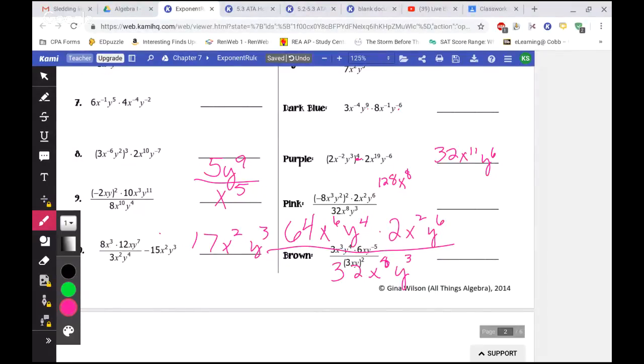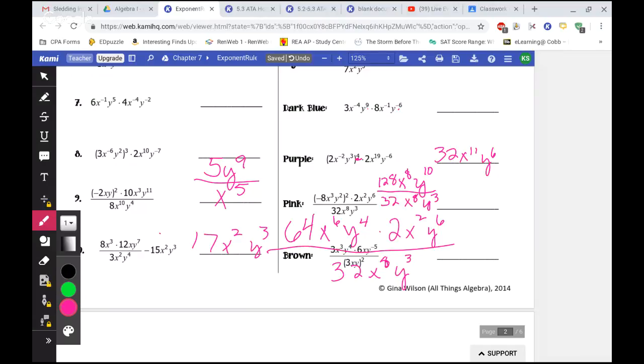And now we have the same bases, y to the 4th, y to the 6th, and they're being multiplied. So 4 plus 6 is 10. And that's all over 32, x to the 8th, y to the 3rd.